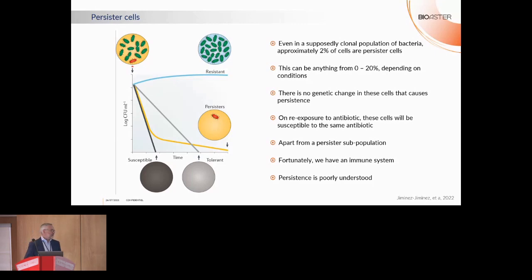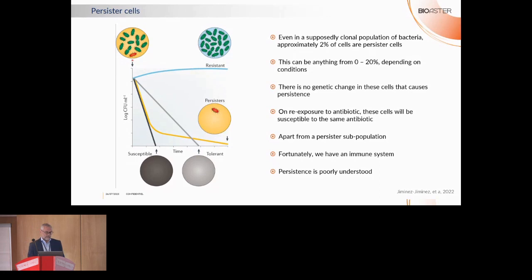There's no genetic change in these cells that cause persistence. If you subculture them and re-expose them to the antibiotic, they'll be susceptible, apart from a persister subpopulation. Fortunately, we have an immune system. Killing off enough of the bacteria with the antibiotics allows our immune system to kill off the remainder. Persistence is poorly understood and is the subject of a lot of research at the moment.